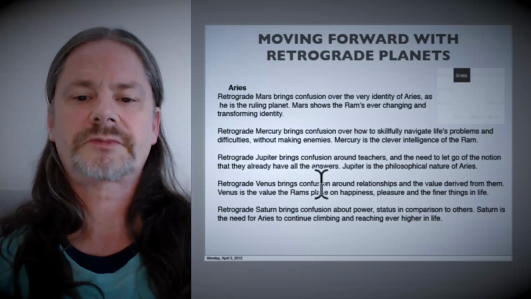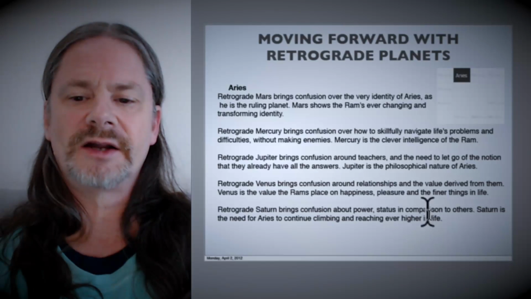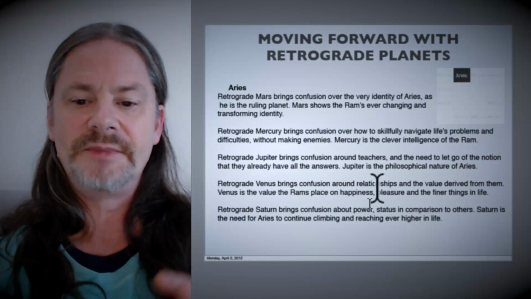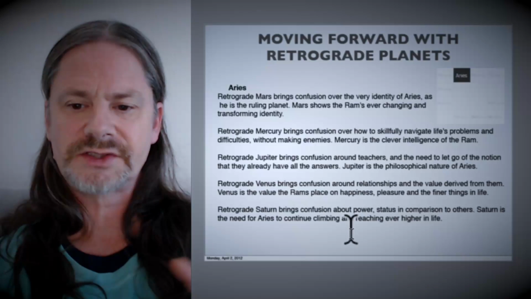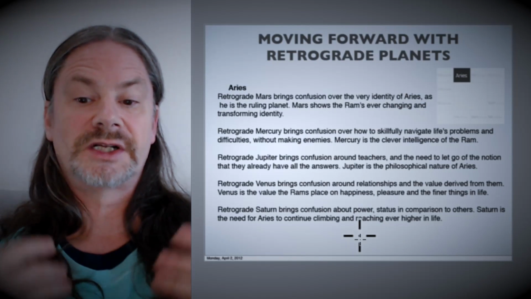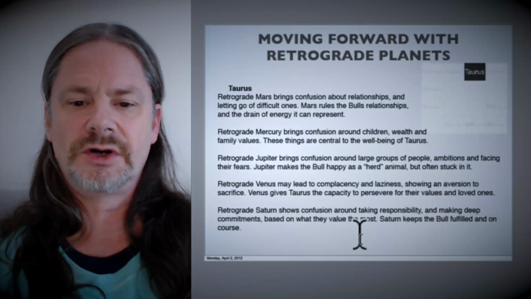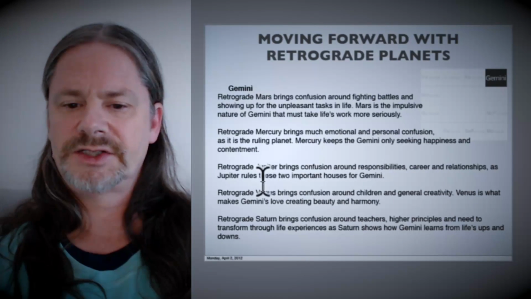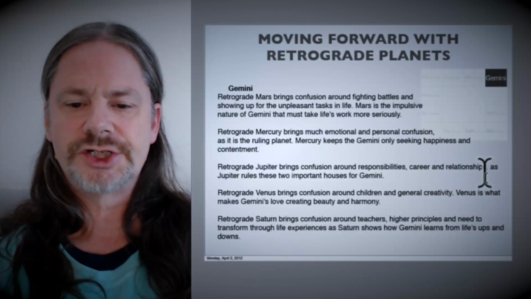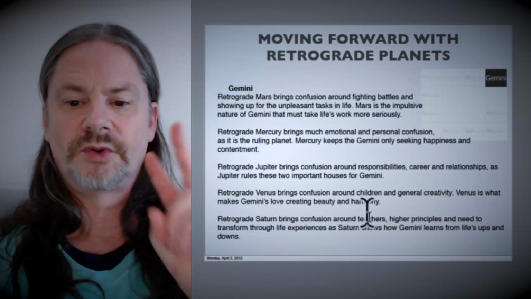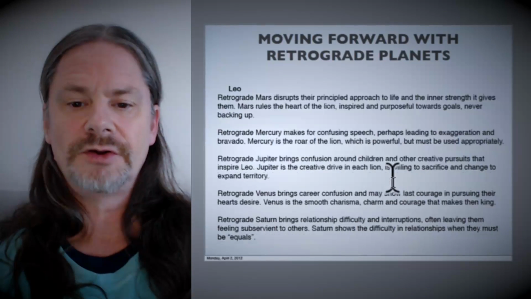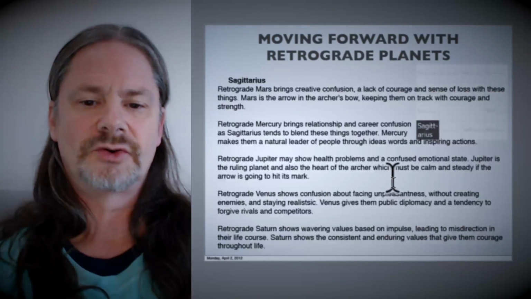Retrograde Mercury brings confusion over how to skillfully navigate life's problems and difficulties without making enemies, because Mercury also rules the 6th house. And Mercury is also the clever intelligence because Mercury is the 3rd lord, right? Gemini, let's say retrograde Jupiter, confusion around responsibilities, career, and relationships, as Jupiter rules these 2 important houses for Gemini, including Jupiter as the karaka. So I go through each of the 12 signs in the course as well.